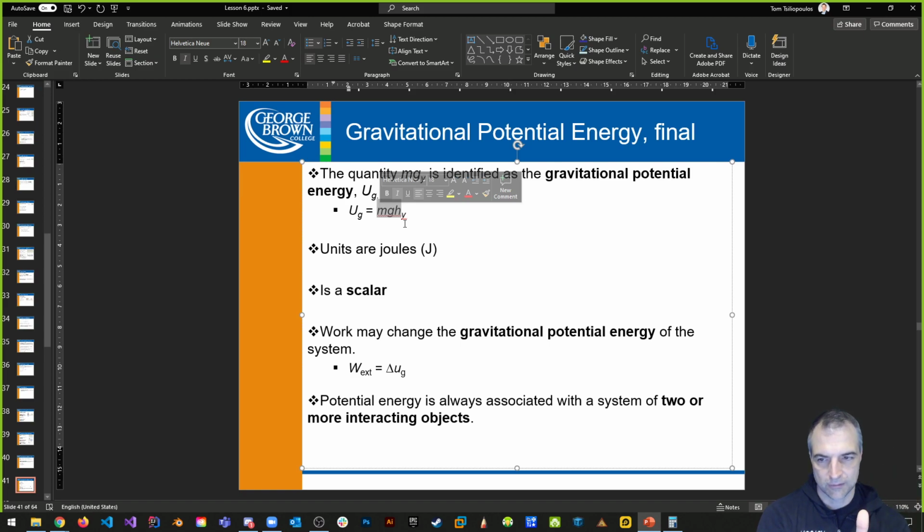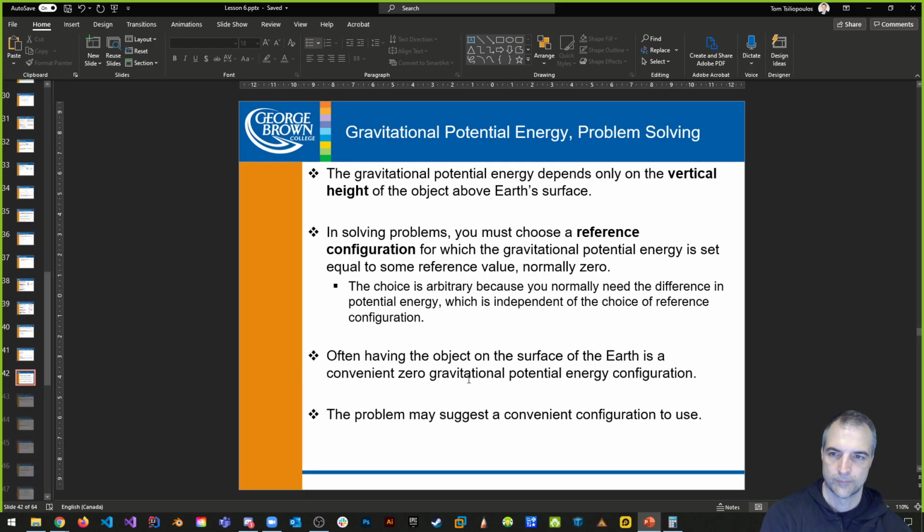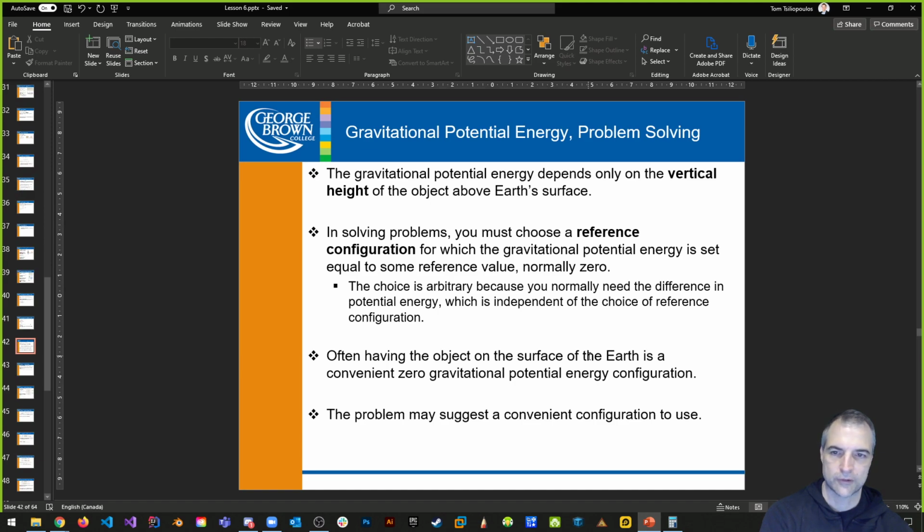It's a scalar, not a vector. And we can say that the external work is the change in potential energy. So gravitational potential energy depends only on the vertical height of the object above the Earth's surface, or in the case of another planet, the gravitational body, whatever that body is.